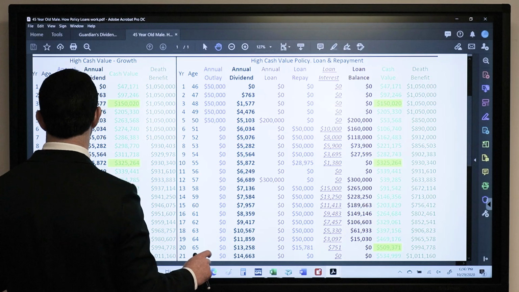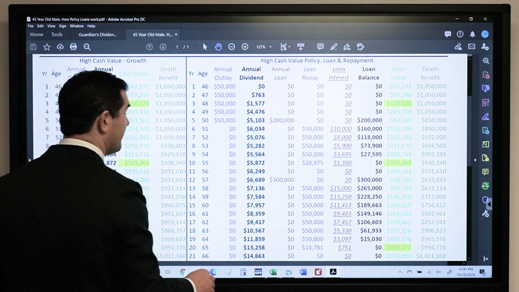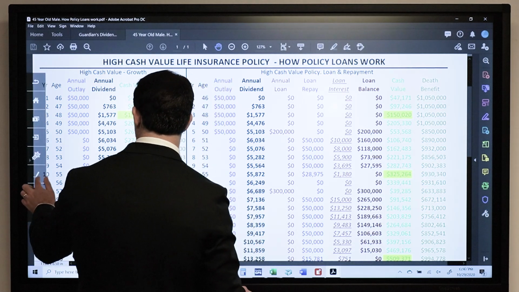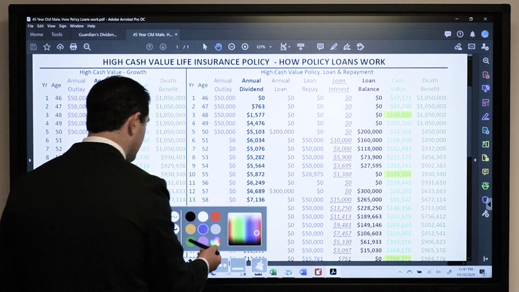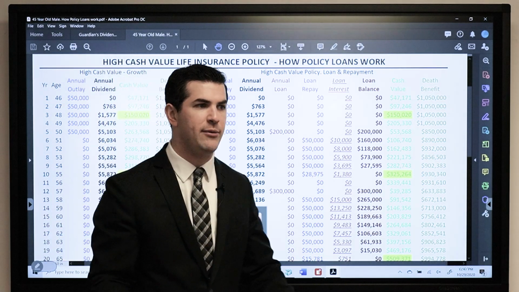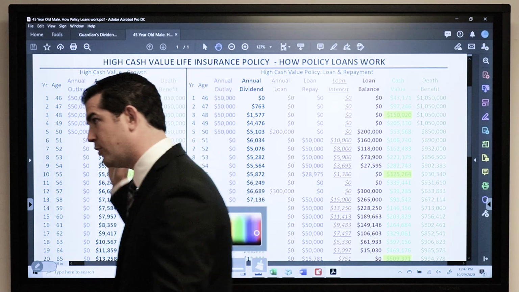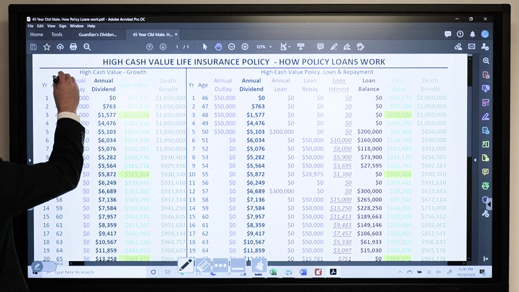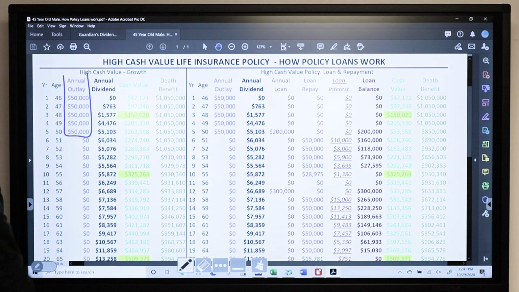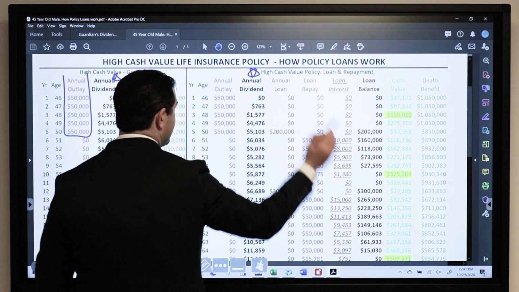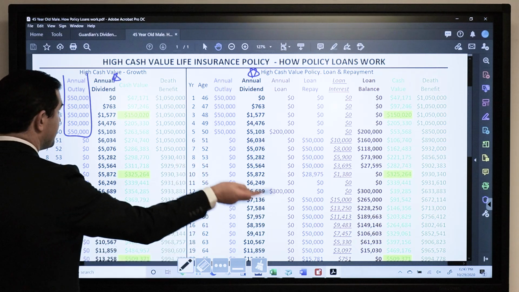On the left, we have an example of a 45-year-old male paying in $50,000 per year for 5 years. This is a nice example to demonstrate how we can stop funding much, much earlier if we wanted to, or he can continue to pay into the policy if he wants. But you've got your $50K for 5 years. Your dividend column, you want to look at this on both examples as we progress through everything.